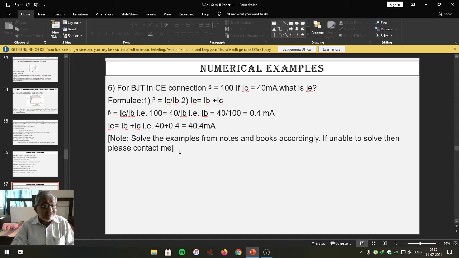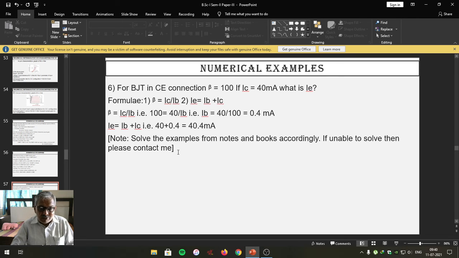You may contact on my mail ID along with the example which you solved. You can also call me on mobile and put your difficulty regarding solving the examples. Friends, this is how one has to solve the numerical examples which are likely to be asked on this particular topic.